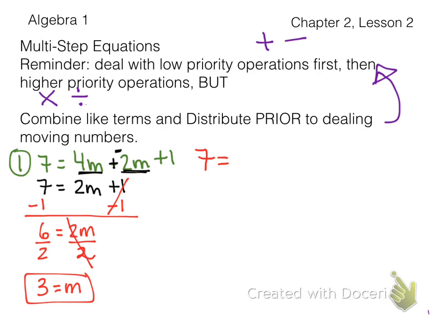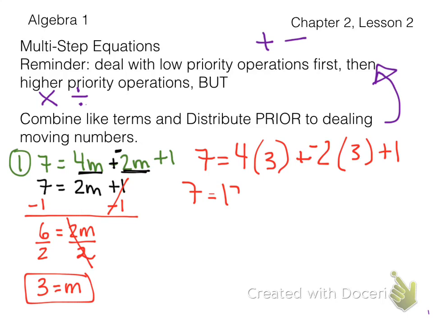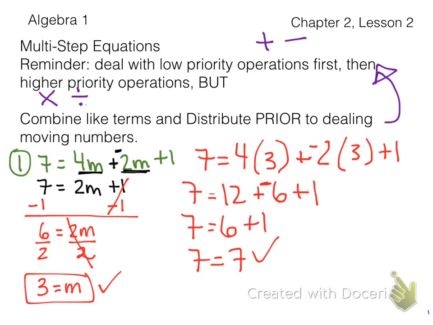So 7 equals 4 times 3, because m is 3, plus negative 2 times 3, plus 1. Order of operations: 4 times 3 is 12, plus negative 2 times 3 is negative 6, plus 1. 12 minus 6 is 6, plus 1 is 7. 7 equals 7. That's a true statement, which means this works.